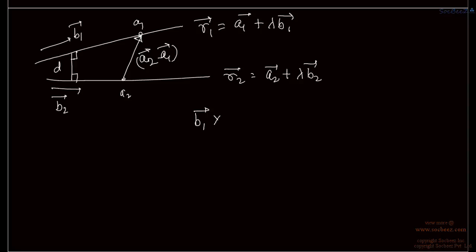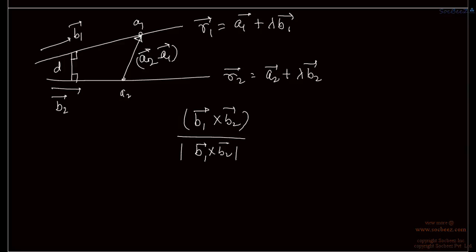A vector perpendicular to B1 and B2 can be given as B1 cross B2, right? And the unit vector perpendicular to them can be given as B1 cross B2 upon the magnitude of B1 cross B2, right?